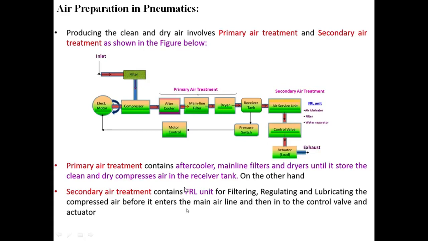Primary air treatment contains the after cooler, main lines, filter, and dryer unit, which store the clean and dry compressed air in the receiver tank. On the other hand, secondary air treatment contains the FRL unit for filtering, regulating, and lubricating.